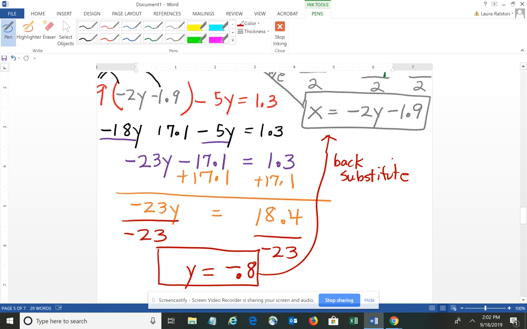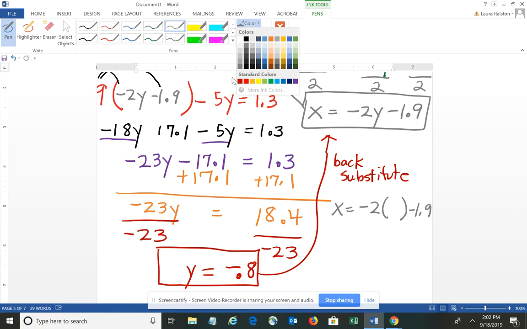Okay, once I have it solved for y, we back substitute to find x. So I would have x equals negative 2 times negative 0.8, because y is negative 8/10. So 2 times negative 8/10, a negative and a negative make a positive.